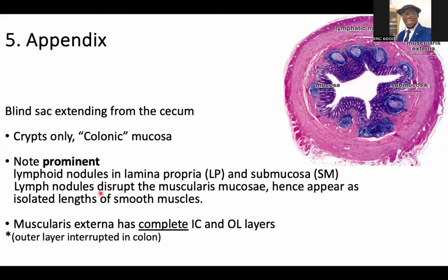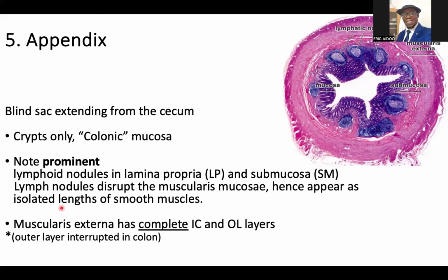Lymph nodules disrupt the muscularis mucosae, hence appear as isolated lengths of smooth muscle. Because the lymph nodules within the lamina propria, which we know is the loose connective tissue of the mucosa, are growing outwards towards the submucosa, you end up having them disrupting the muscularis mucosae.